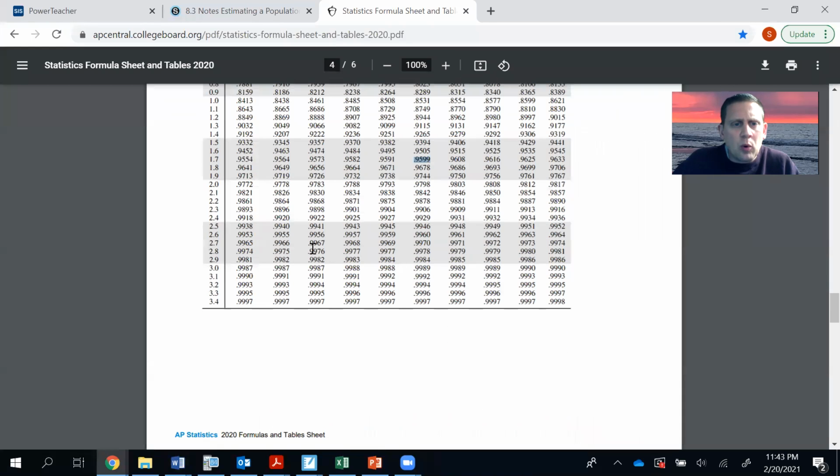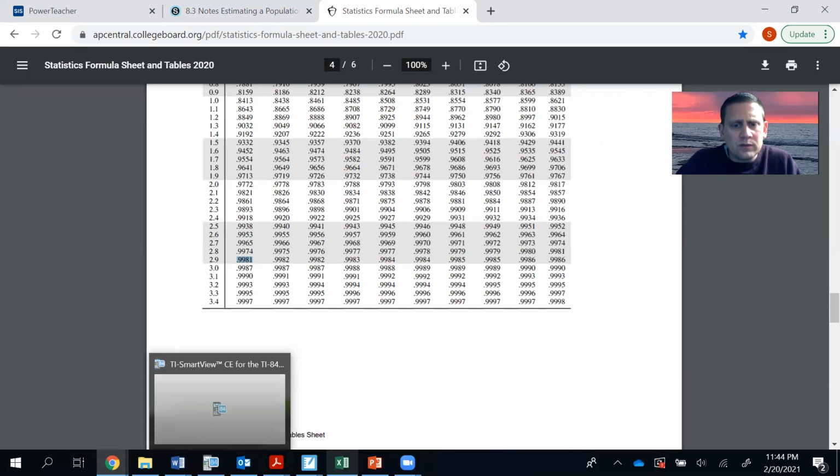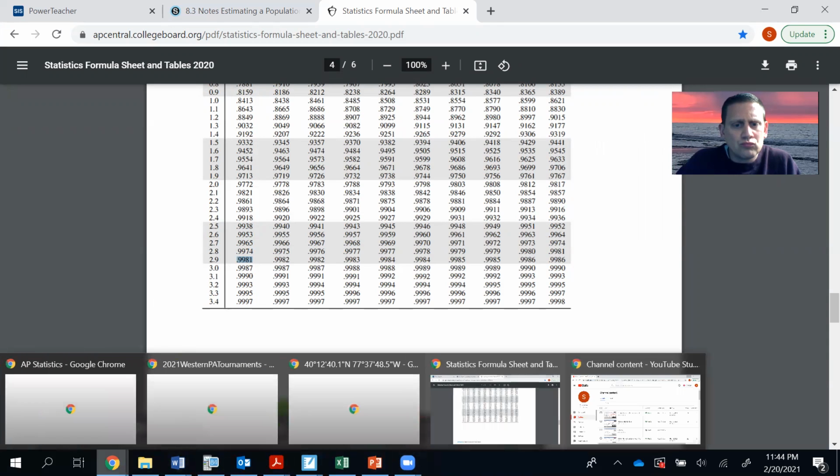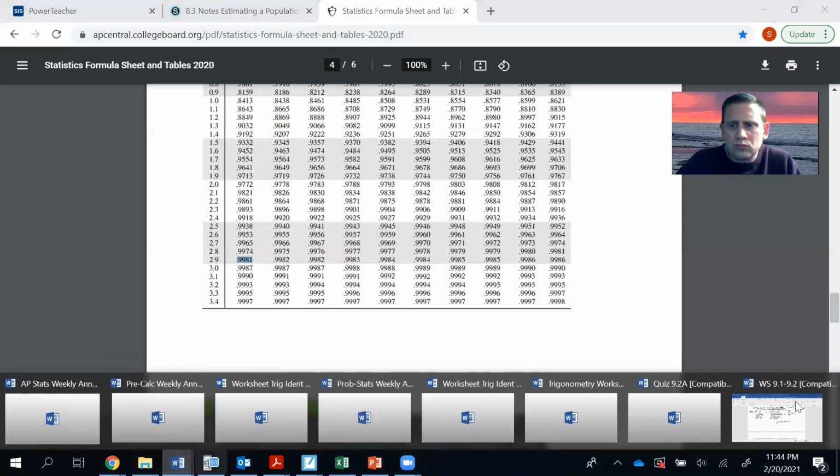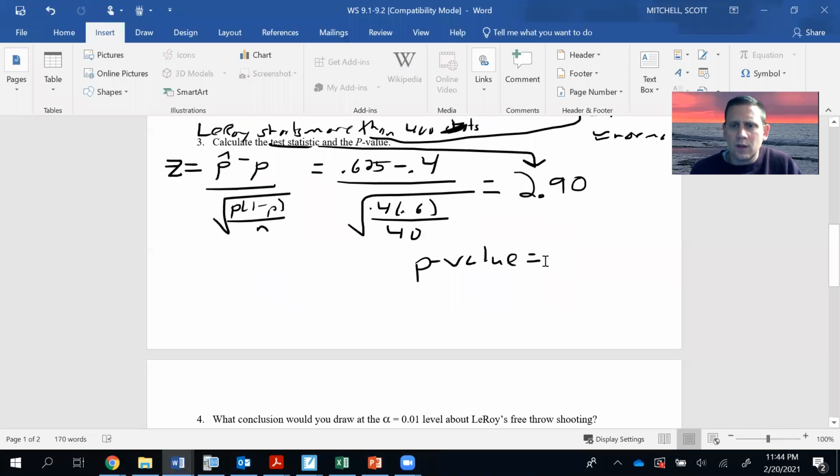So I need to find 2.9. Here's 2.9. So 0.9981. Now remember, when you use the table, you have to do 1 minus that if you're going to do greater than, if you want the area to the right. So I look that number up. So 0.9981. So I have to do 1 minus 0.9981, and I'm going to get 0.0019.